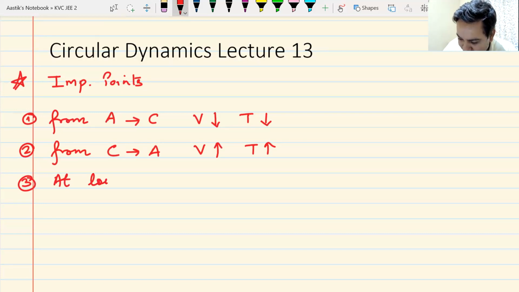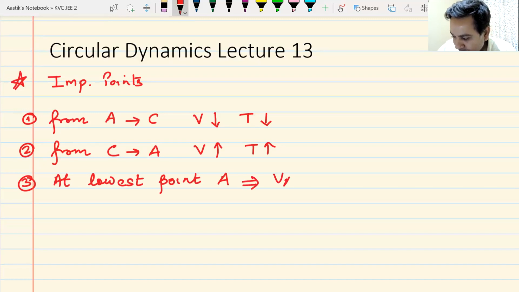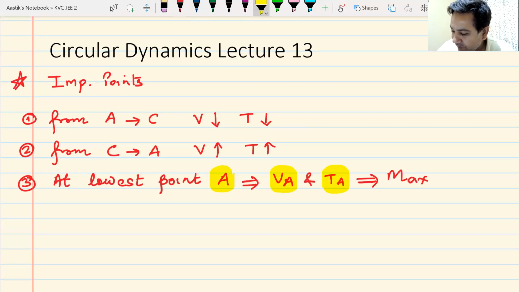At the lowest point, the lowest point is A, VA and TA are both maximum. At point A, that is why I'm writing VA, so that we remember they both have their maximum values.